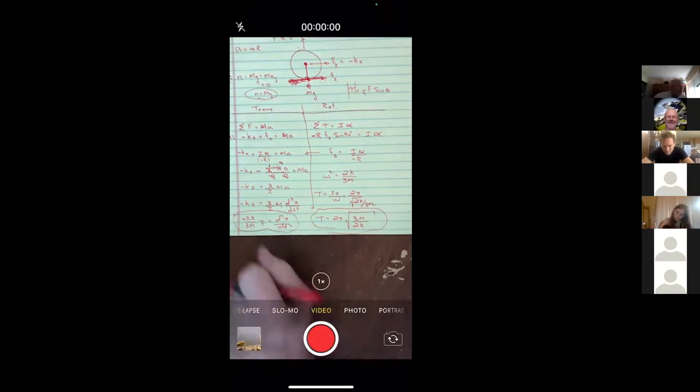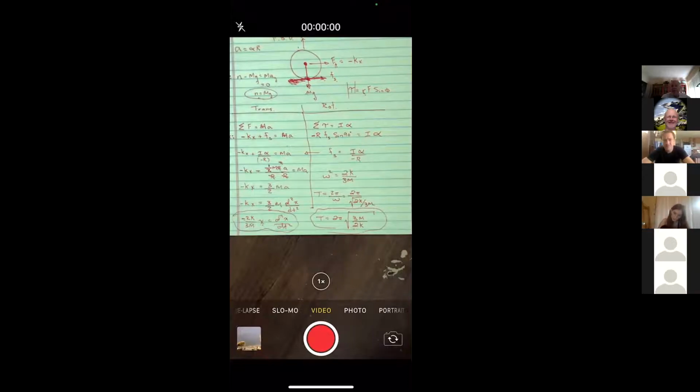So all 3 options are out there on the table, and you pick the one that you want to do. To me, this is the most straightforward one. I think the energy one is easier mathematically, but I don't think it's quite as obvious to do it that way. So this fits the pattern of chapter 15.